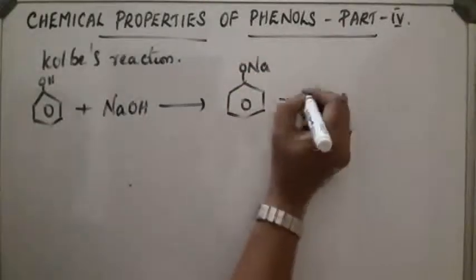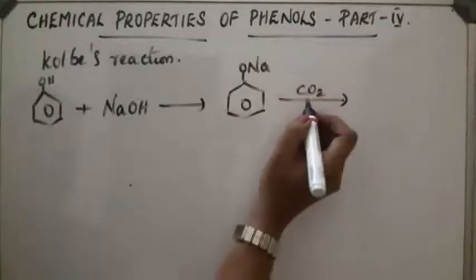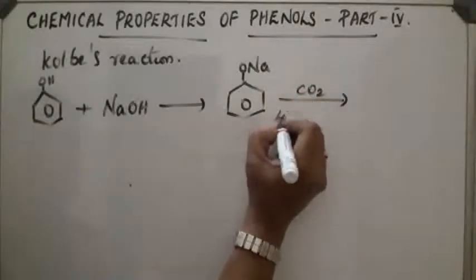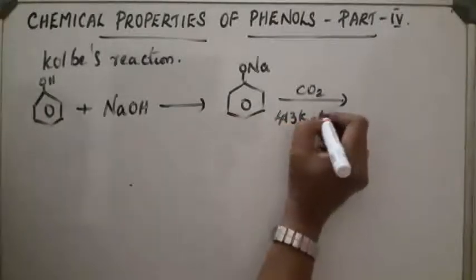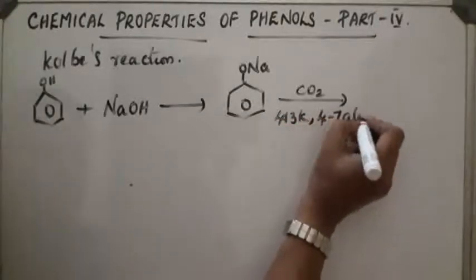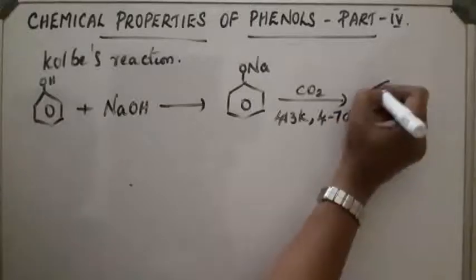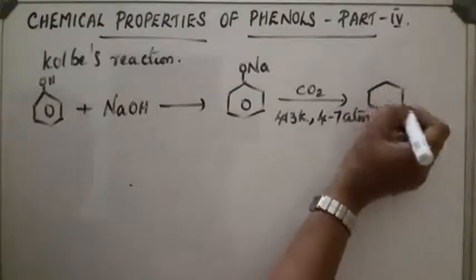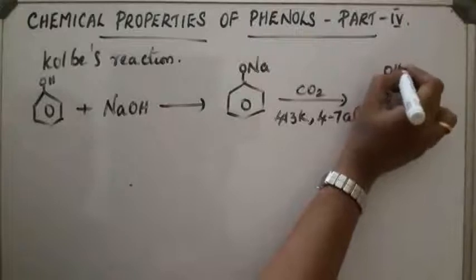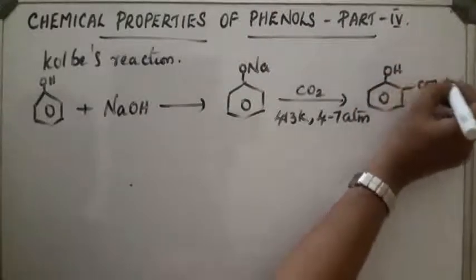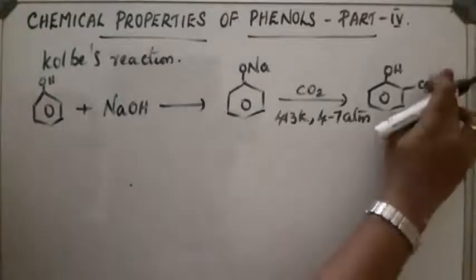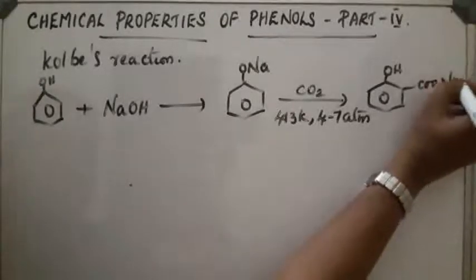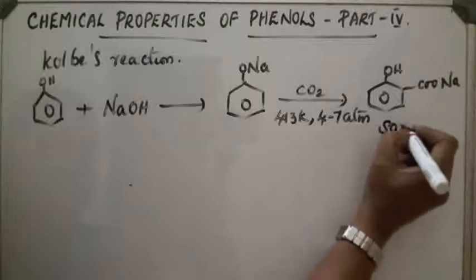So carbon dioxide, which is a weak electrophile, at a temperature of 413 Kelvin and 4 to 7 atmospheric pressure, the reaction takes place and this gets converted into salicylic acid. First it gets converted into sodium salt. That on acidification gets converted into salicylic acid.